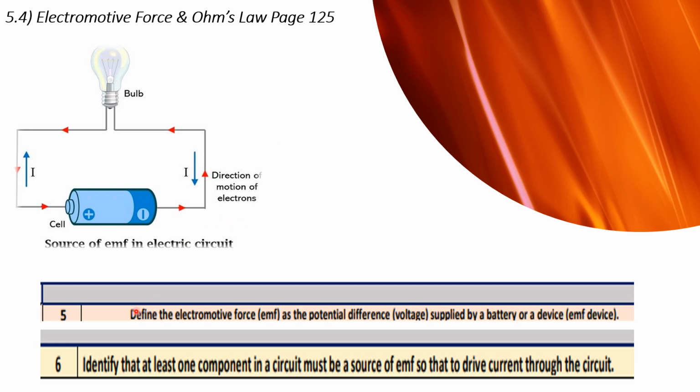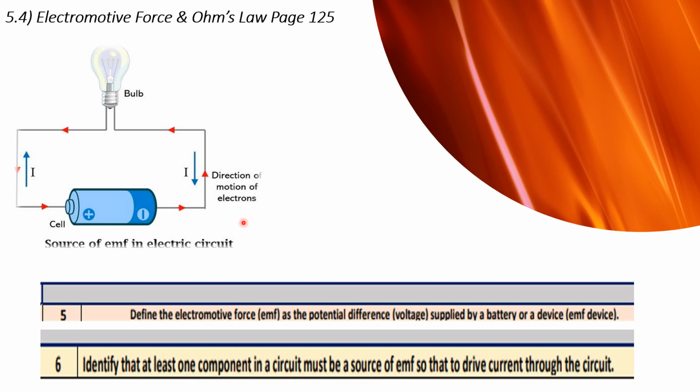Slide number 8 is about electromotive force and Ohm's law. You should know how to define the electromotive force, which is mainly the battery, as the potential difference supplied by the battery or a device. And bullet number 6 is to identify that at least one component in a circuit must be a source of EMF.